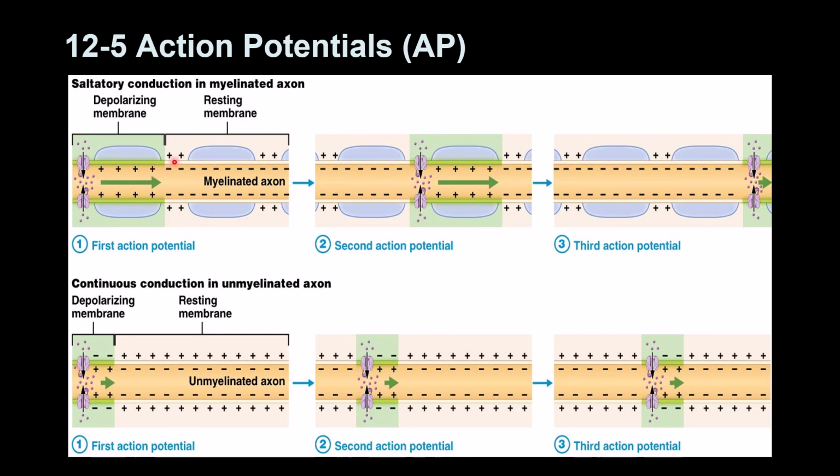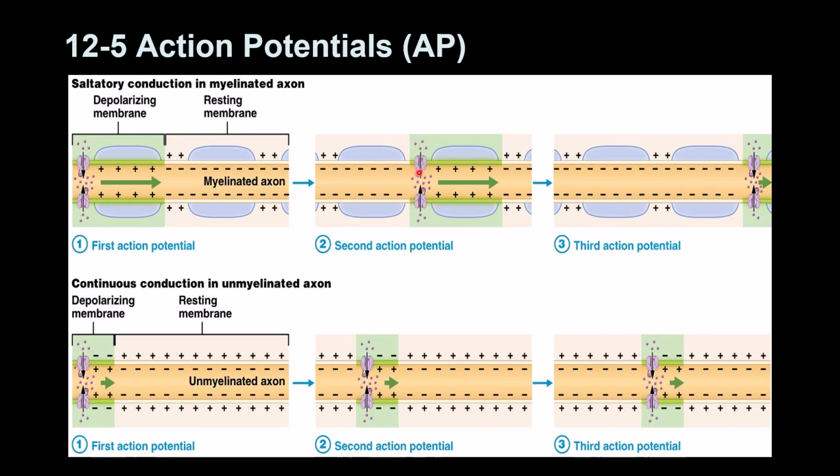So once it reaches in this area, this is called internode, okay? You have to have another channel here. So when it reaches in this area, this is the voltage gated channel, and now that the inside of the cell is positive, it will activate this area.